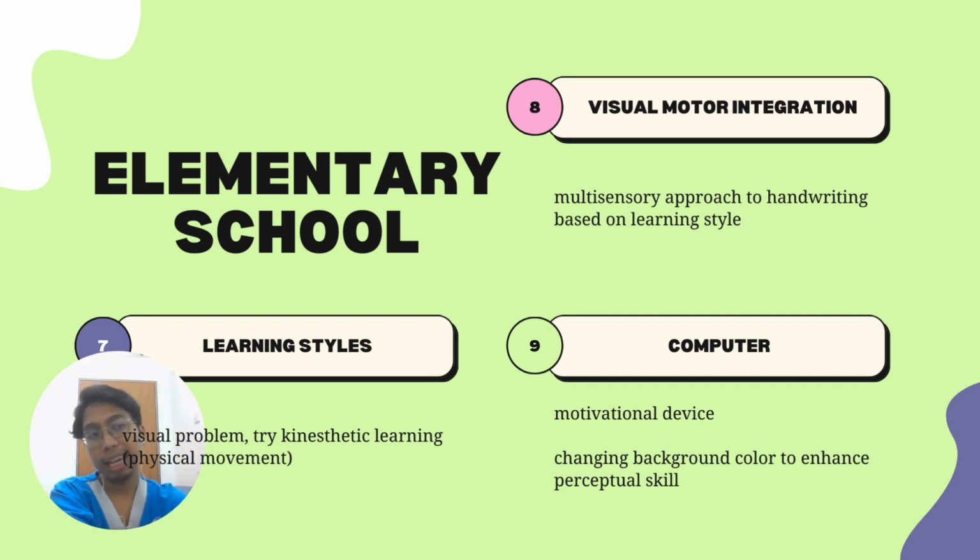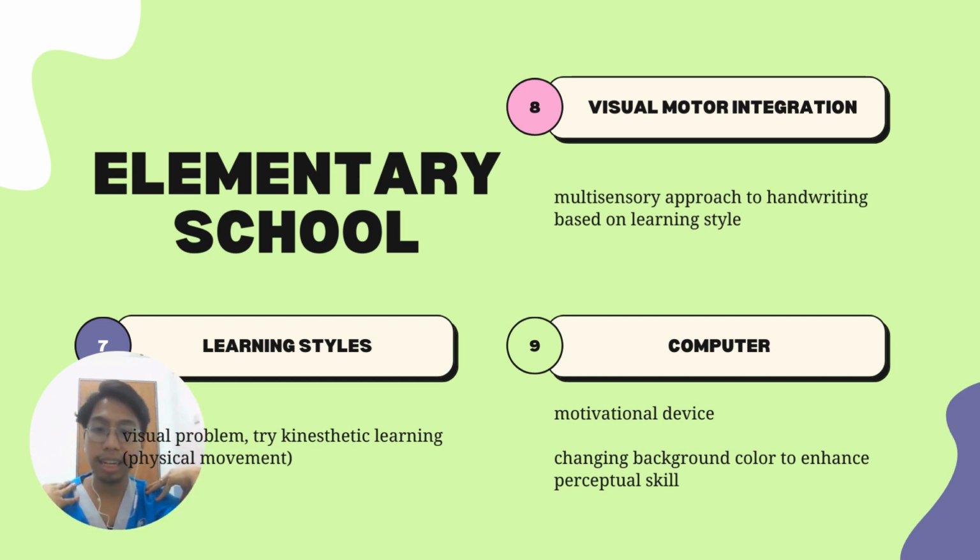Let's say your kid is a visual kind of person, so you cannot simply say pergi ambil remote, because they cannot visualize how the remote looks like. So with a visual prompt, show the image of the remote. Ambil remote, ni remote. So they know, oh, remote macam ni. So look at it and cari. So that's an example of learning style.